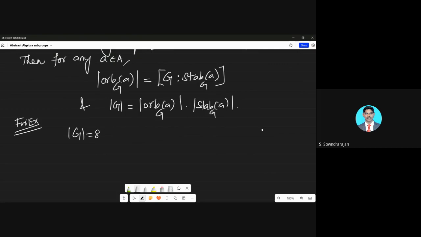Okay, right. So we need to know how to find the stabilizer and how to find the orbit. Check any book, you will get plenty of problems on the topic. So next we are going to discuss normal subgroups.